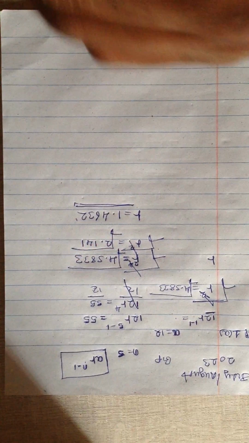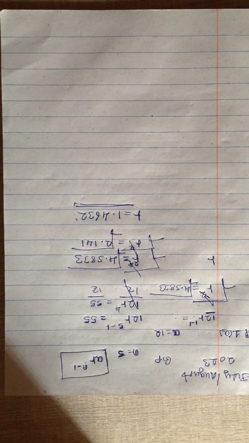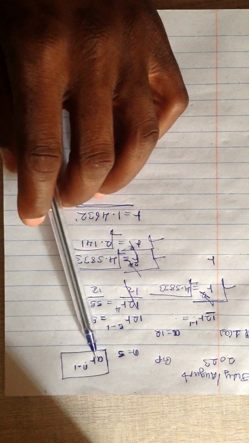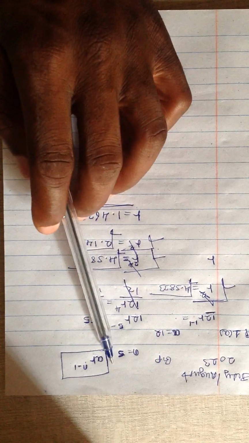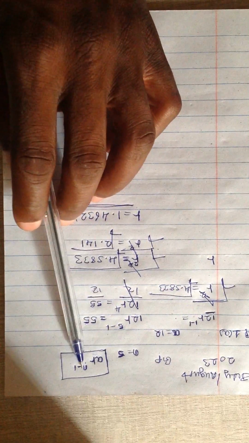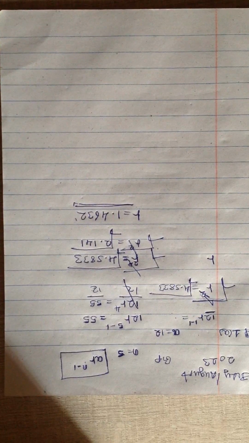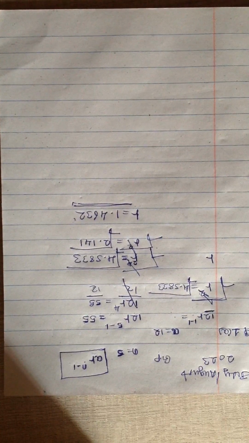So whenever you're given a question under geometric progression or arithmetic progression, try by all means to come up with all the variables. Like in this case, you have your A, your R, and your N. This is supposed to be complete, so that when it comes to substituting, it's just direct, without you start thinking, what am I supposed to do, and the likes.